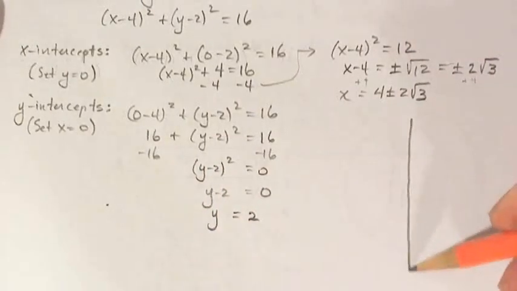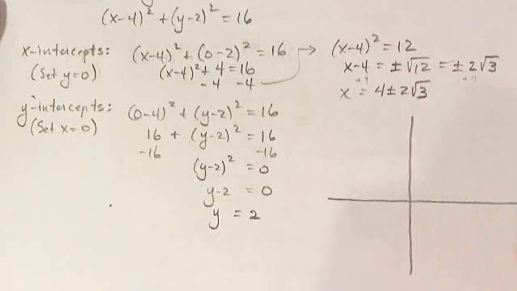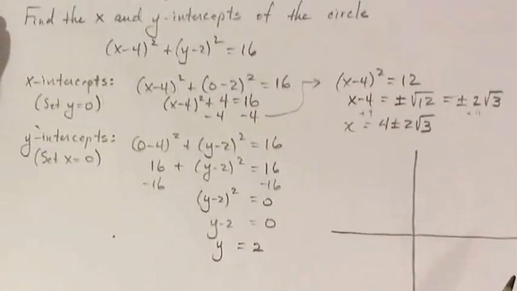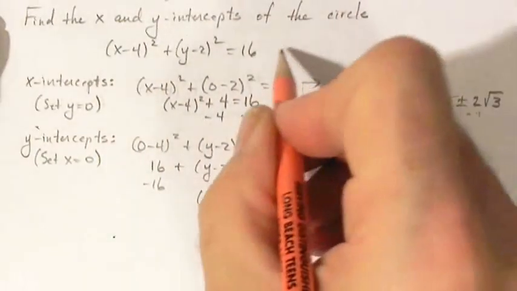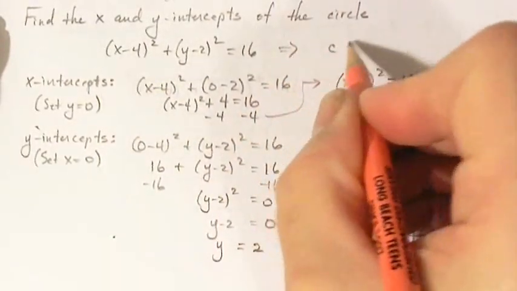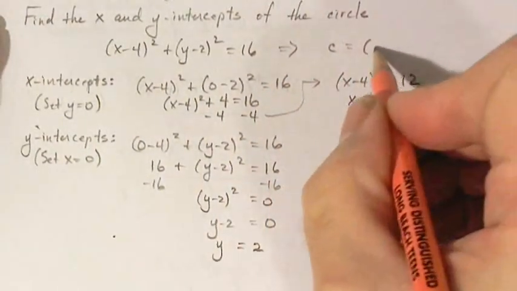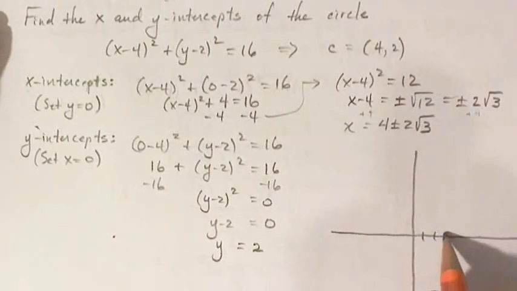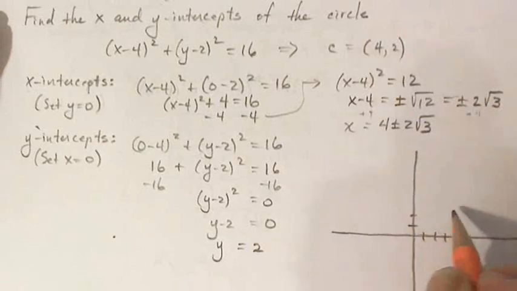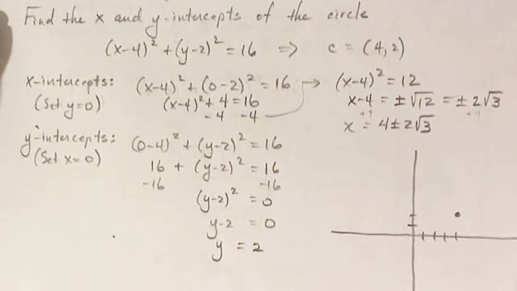So let's see, what could this look like? Let's go back to the original equation. Where is the center? Well, this implies that the center is at the point (4, 2). So let's go 1, 2, 3, 4, 1, 2. Put this point right here.